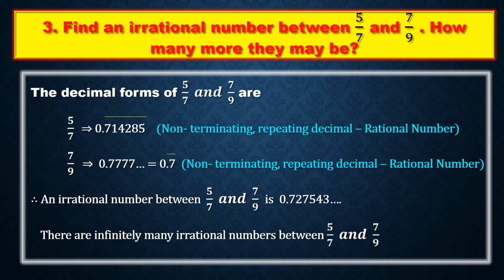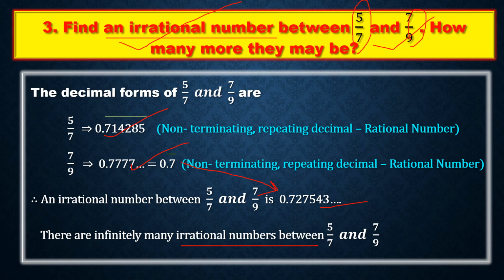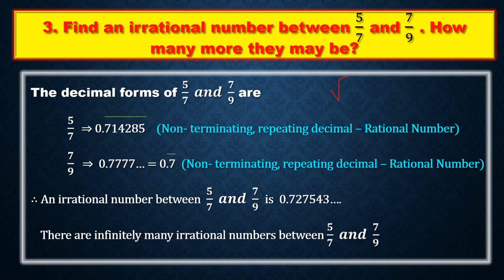So whenever he asks to find an irrational number between two rational numbers, first you write the decimal expansion and write whatever decimal number in between them, and you can represent infinitely many numbers. We'll discuss that in the upcoming problems.